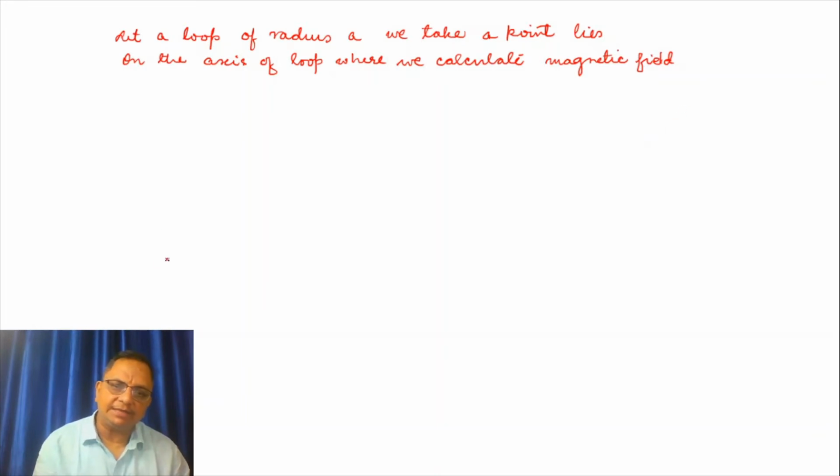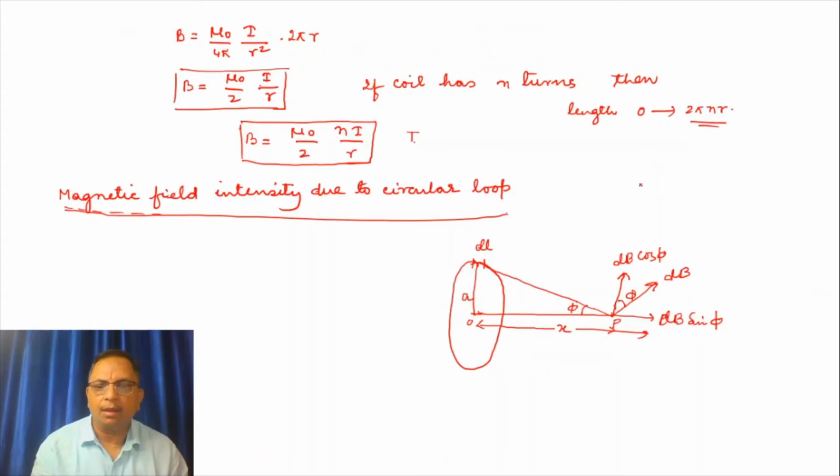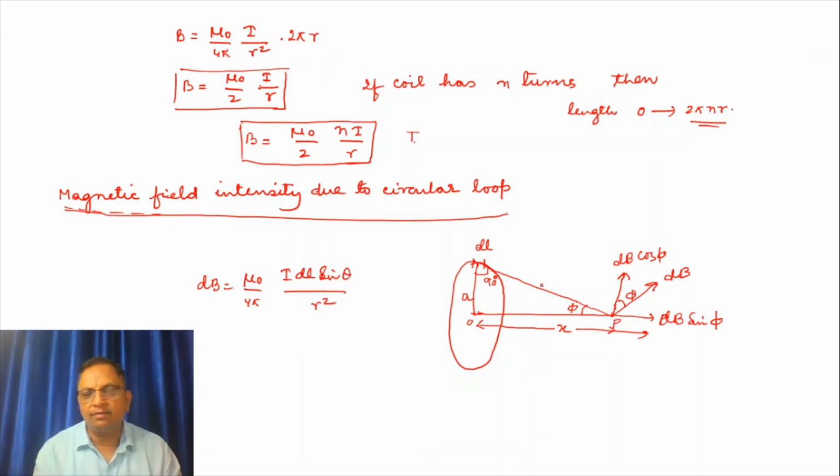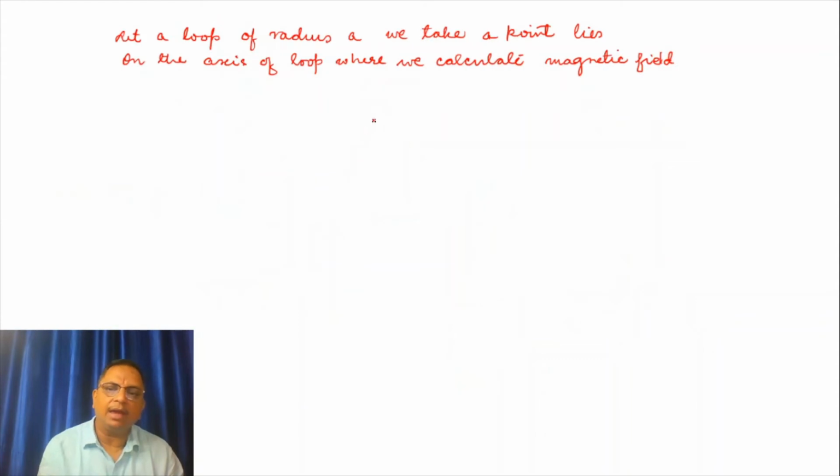Dear students, we take some assumptions here. One assumption is that the angle made by the current element is 90 degrees. Then we apply the formula dB equal to mu 0 over 4 pi I dl sin theta over r square. This r will be taken as r.